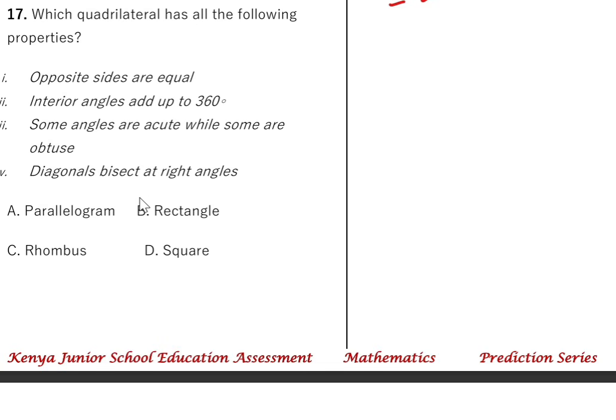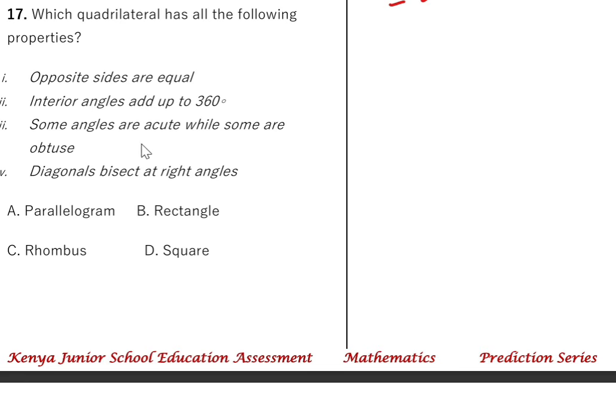Number 17. Which quadrilateral has all the following properties? Opposite sides are equal. Interior angles add up to 360. Some angles are acute while some others are obtuse. Diagonals bisect at right angles. A parallelogram, B rectangle, C rhombus, D square. You can see here we have opposite sides are equal and also interior angles add up to 360.